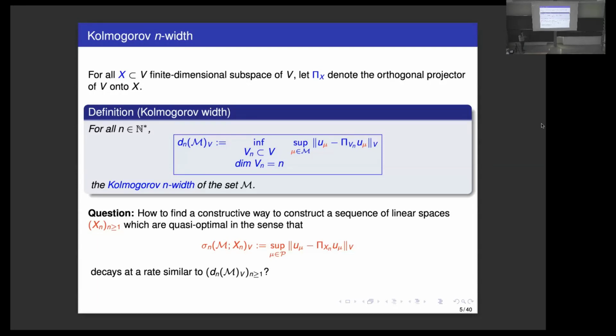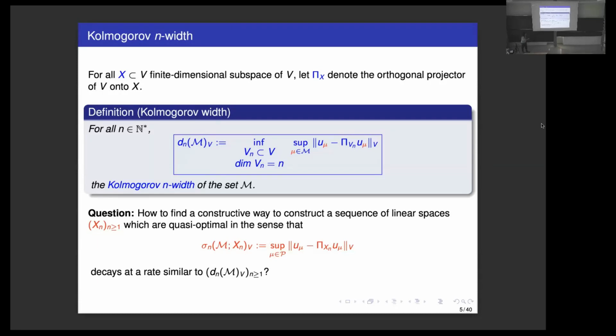Is it possible to find a constructive way to construct a sequence of linear spaces, Xn, each of them being of dimension n, such that the error that you obtain associated to each of these subspaces Xn is close to the optimal error that you can achieve?